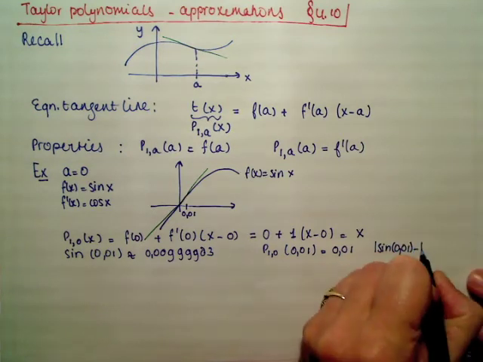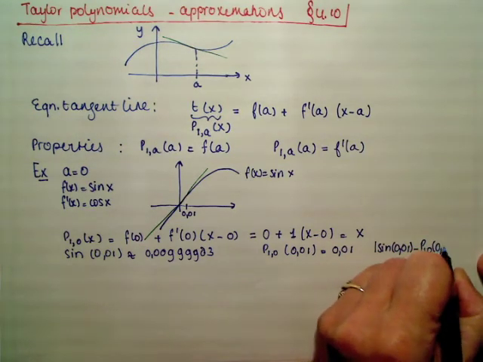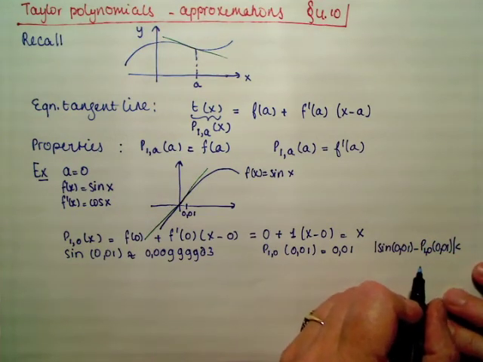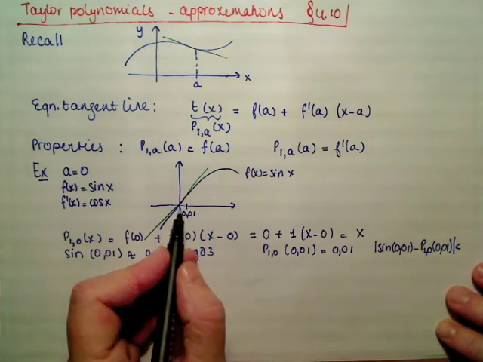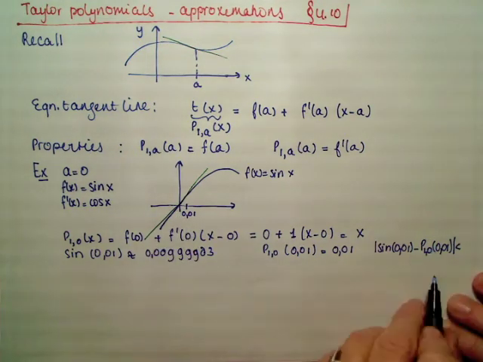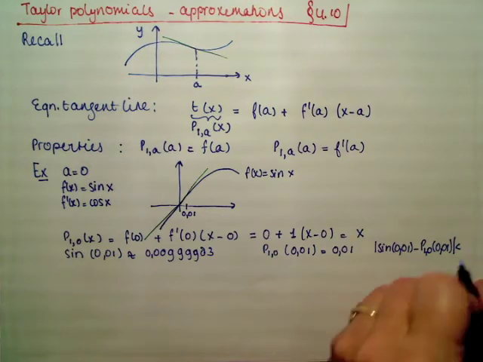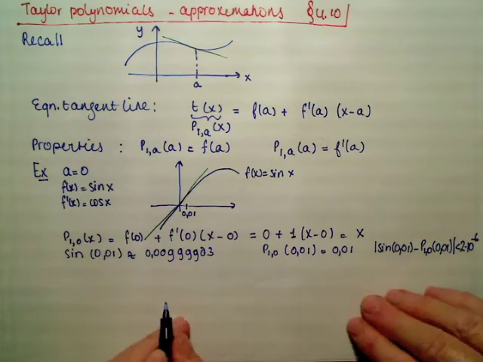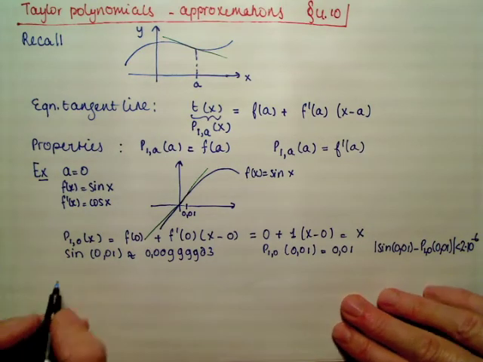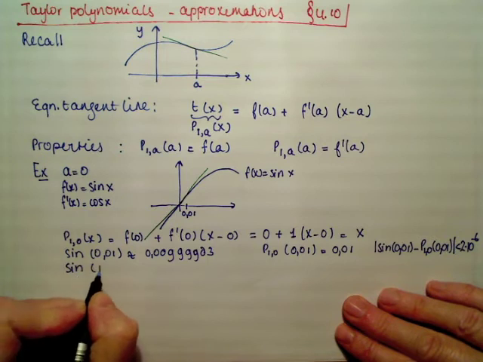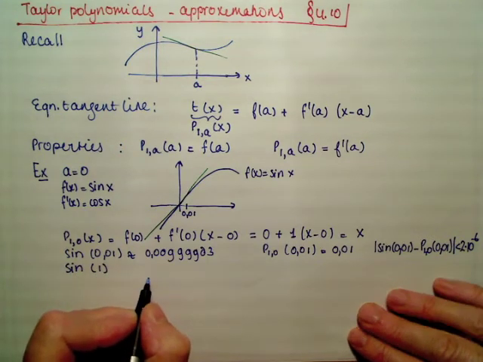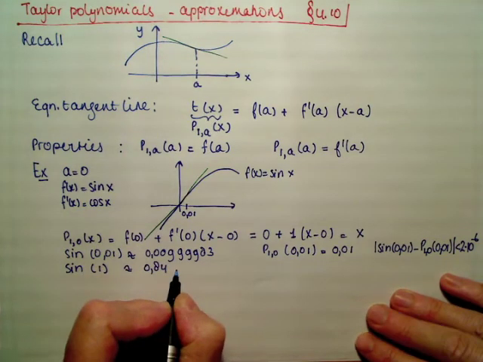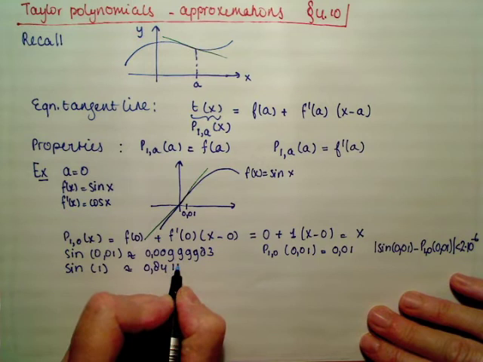So the tangent line is in fact a good approximation of the function value, provided we are very close to our base point. Now this difference is smaller than 2 times 10 to the power minus 6. However, if we look at the function value at the point 1, sine of 1, then this is approximately equal to 0.84147.